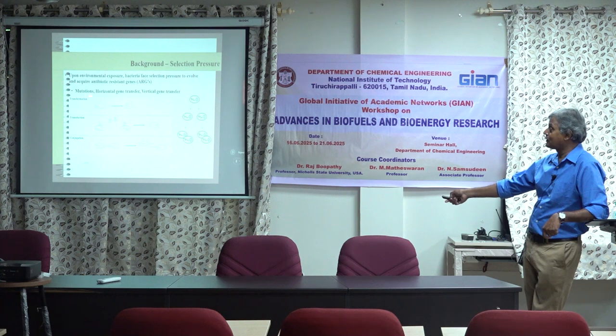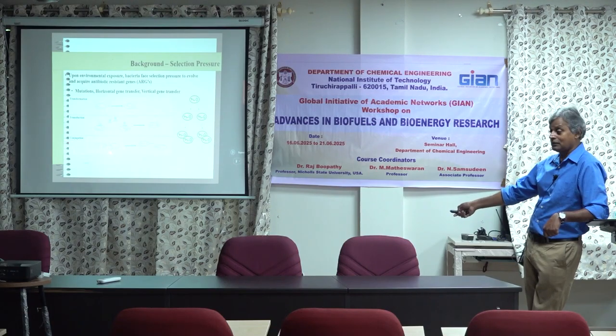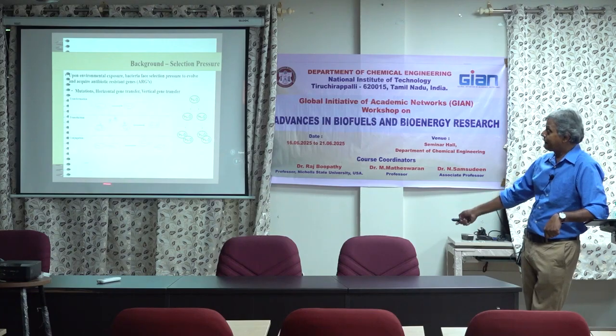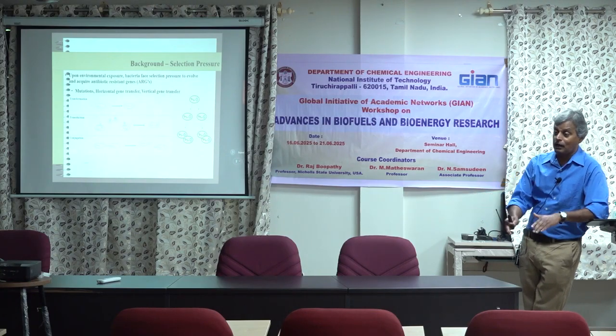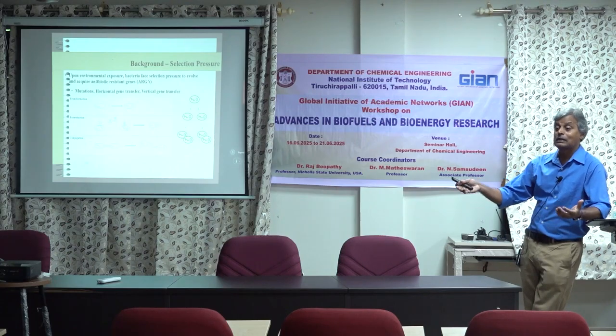That is called transformation. And in transduction, the viruses can accidentally transfer genes from one bacteria to another bacteria. That is called transduction. And conjugation is when two live bacteria exchange genes. These are the various ways bacteria exchange genes, and this is called horizontal gene transfer. Bacteria is the only organism that can transfer genes horizontally between two adult cells.